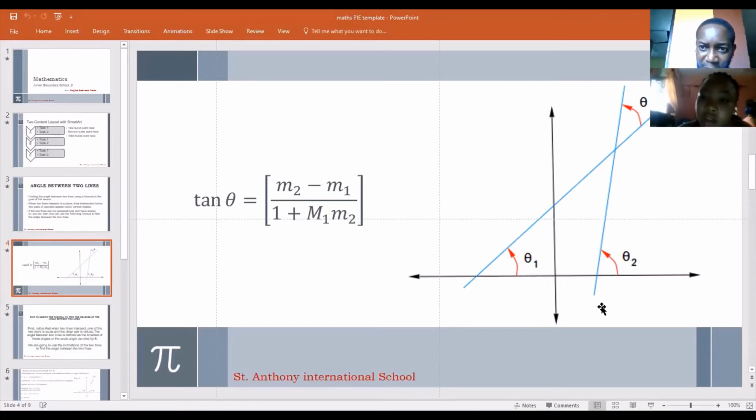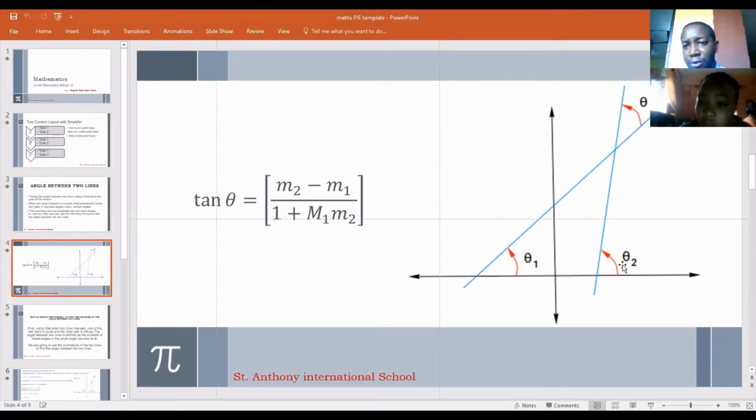Good. Now, if you look at that diagram, you'll notice that there's an angle theta that is formed at the top of the triangle. And there's also an angle that is formed inside the triangle, which is the one that is named theta 1.